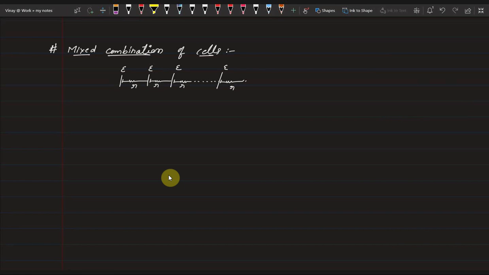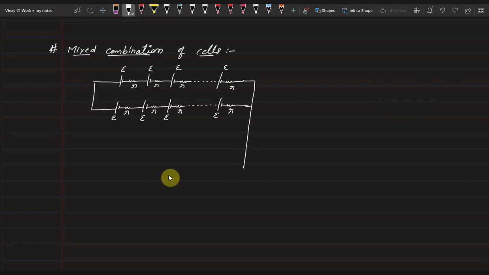And let us consider there is one more row, which again has n cells connected in series, each with EMF E and internal resistance R, and so on.